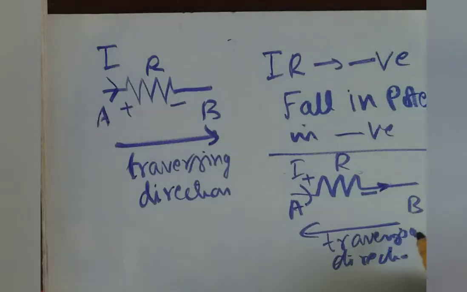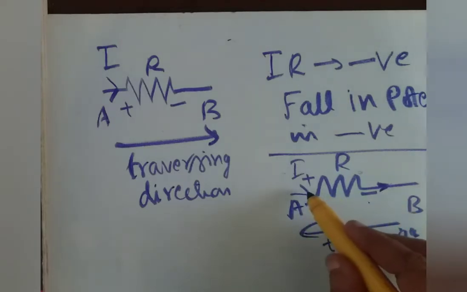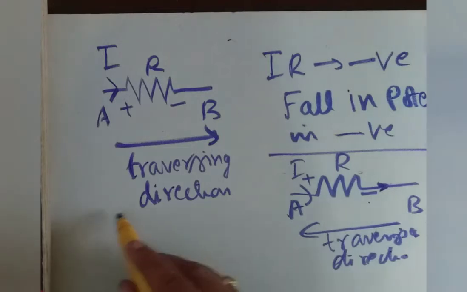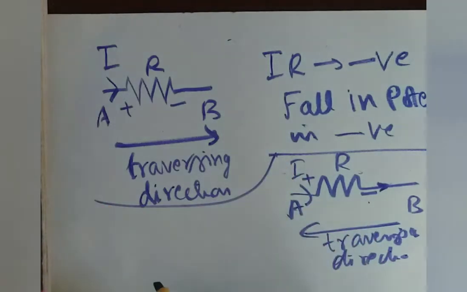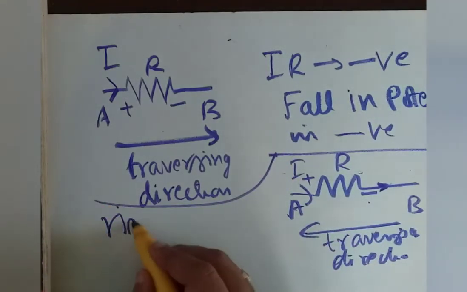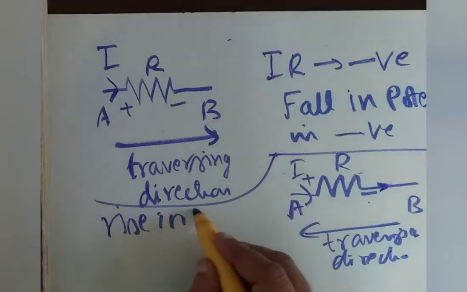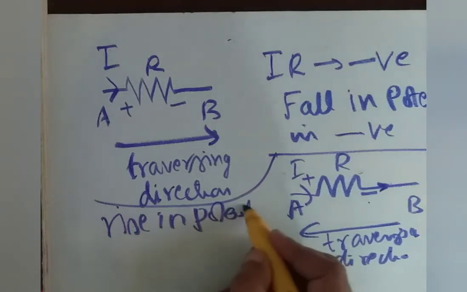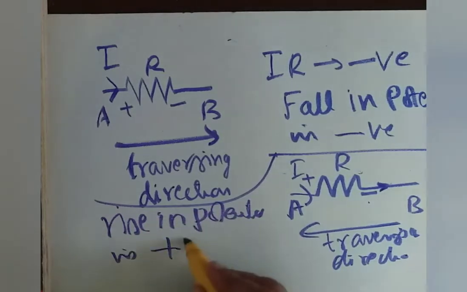So whenever we change the traversing direction to B to A, we first meet negative and then positive. There is a rise in potential, and that rise in potential is positive.